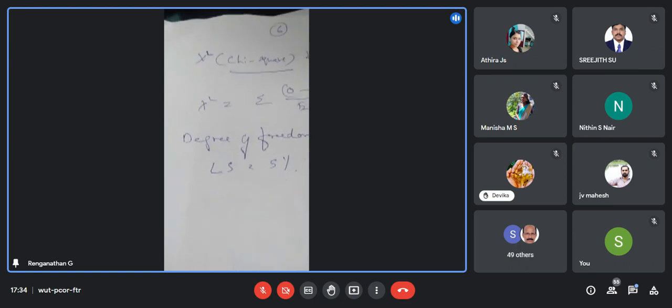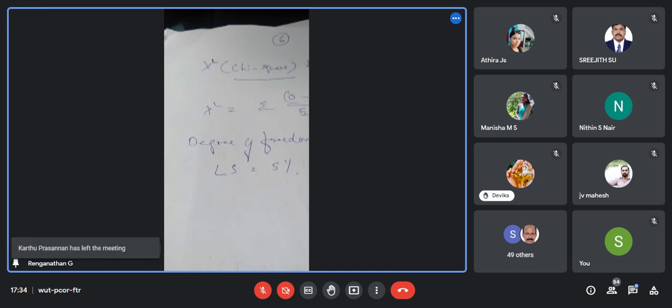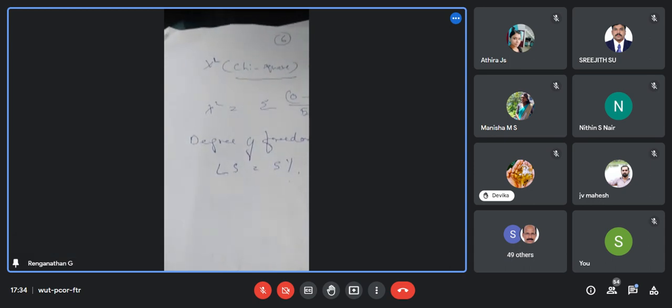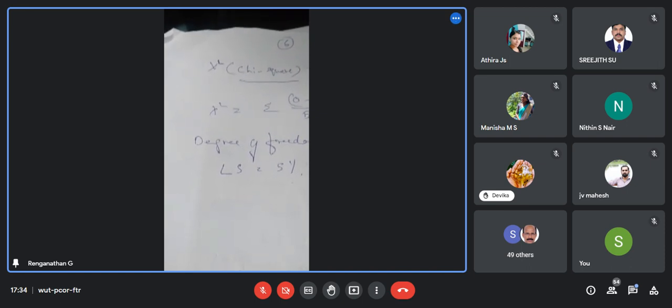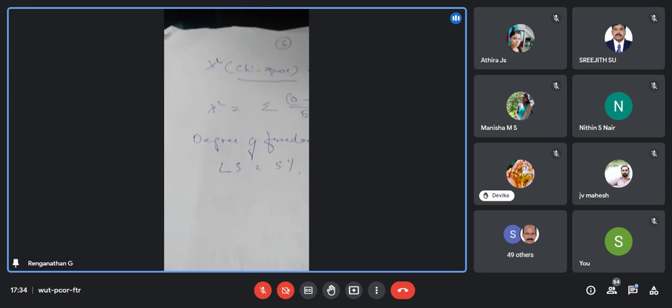The observed frequencies related to the examination of 200 students are 46, 68, 62 and 24.